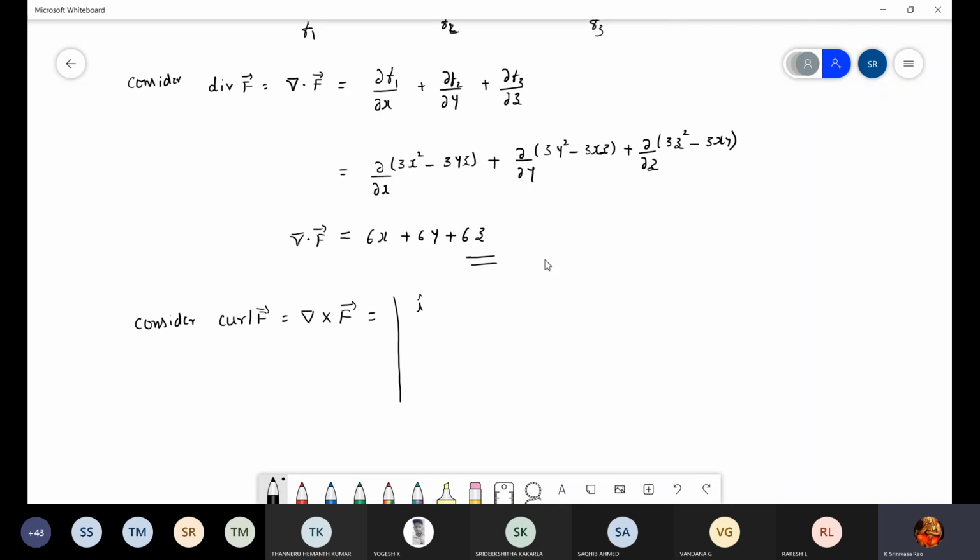So leave some space for i, j, k. The components of del are dou by dou x, dou by dou y, dou by dou z, and the components of f are 3x square minus 3yz, 3y square minus 3xz, 3z square.